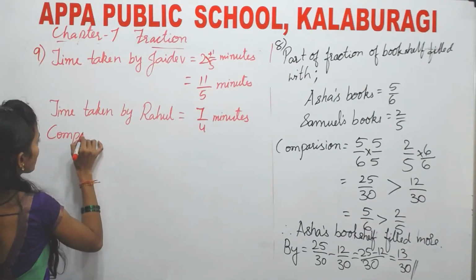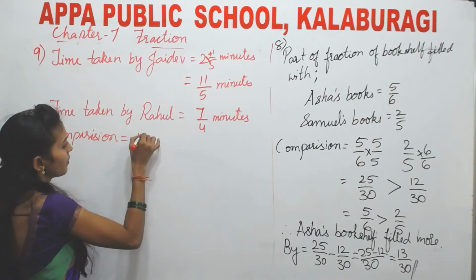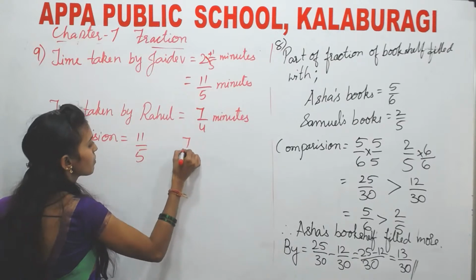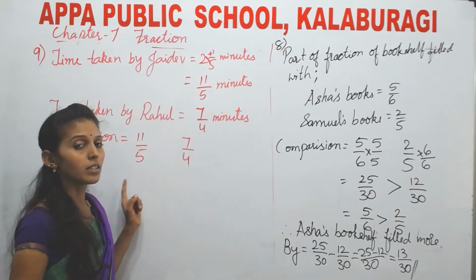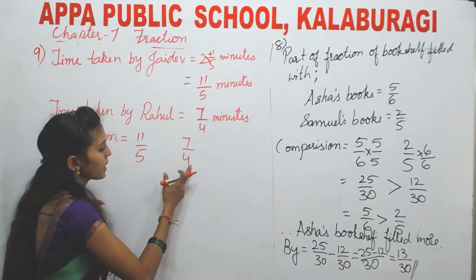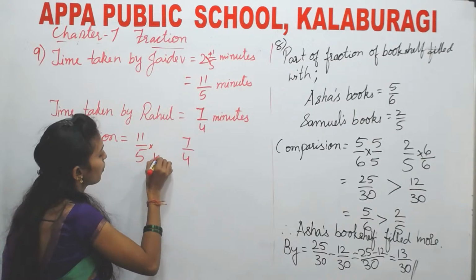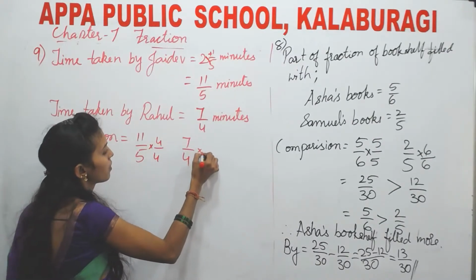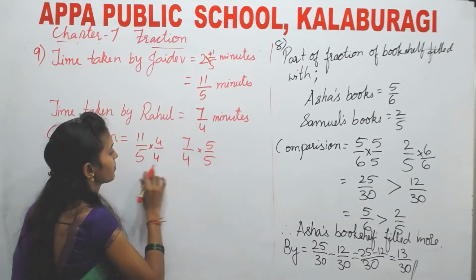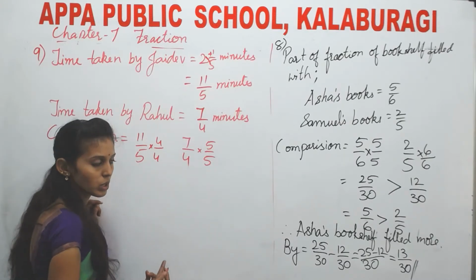Let us compare 11 by 5 and 7 by 4. Again, denominators are co-prime, so we have to make the same denominator. Multiply this with this, that's it: 4, 4, 5, 5. Denominators will be the same. 4 5s are 20, 5 4s are 20.